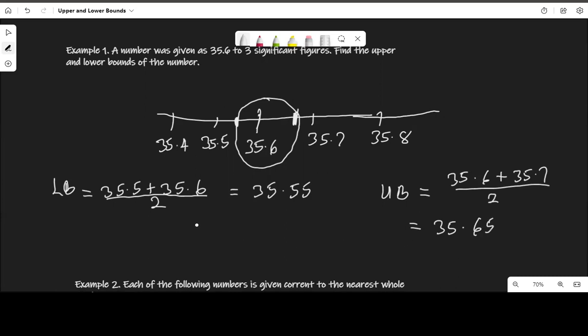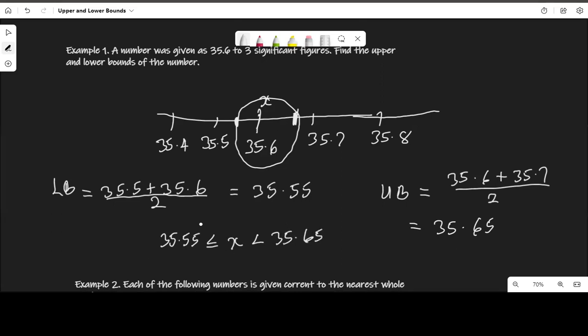If you are to represent this with an inequality, let the number itself be x. So we write that as 35.55 is less than or equal to x, and x is less than 35.65.